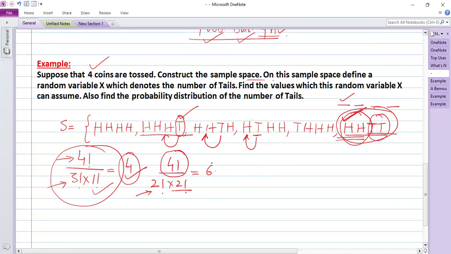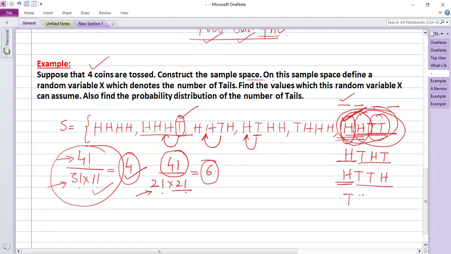Now, how to get these 6 permutations? For that, I keep the first position head fixed and permute the remaining three: so tail, head, tail, and tail, tail, head. You can see that the first position is fixed and the remaining three are being permuted.